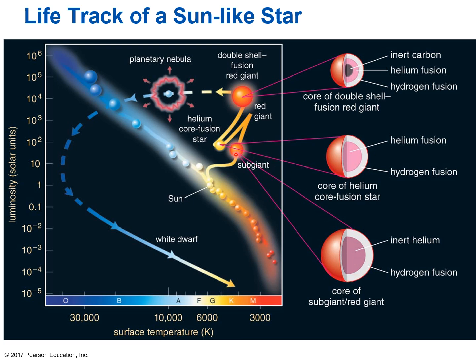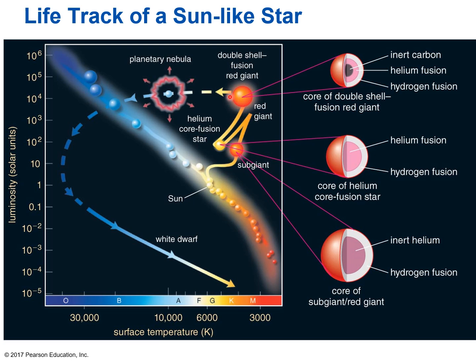And then it zigs and zags, and it gets to about right here, and we have helium fusing into carbon with a hydrogen fusing shell around it, and that's shown in this middle diagram. Then it zigs up again, and eventually all of that helium in the core has turned into carbon, so we have an inert carbon core with helium fusion in a shell, with hydrogen fusion in a shell around that. So that's double shell fusion.